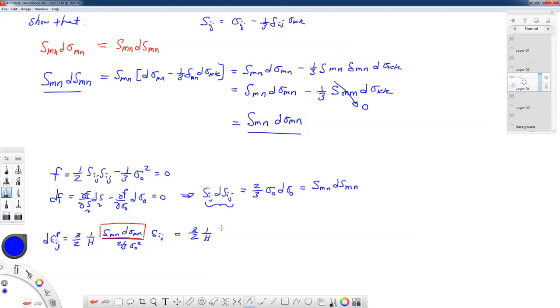Now let's see, Smn dSmn over 2/3 sigma naught squared times Sij. And now that we know what Smn dSmn is equal to, we can put that in there as well.